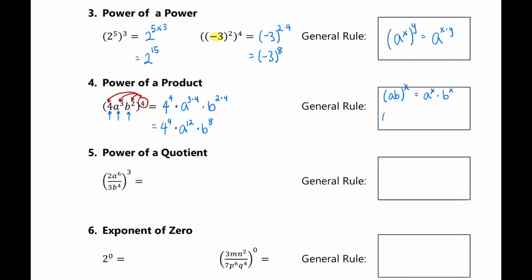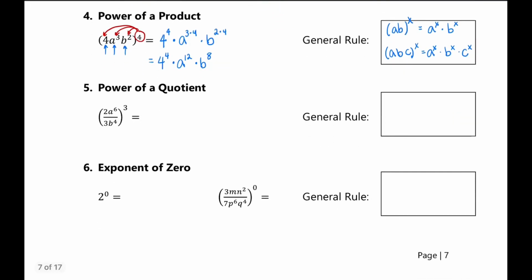And if we have more variables, for example a, b, c to the power of x, then we can also say it's a to the x times b to the x times c to the x.